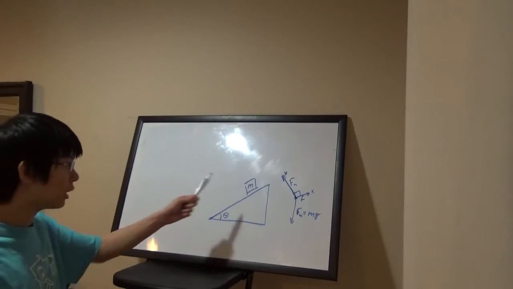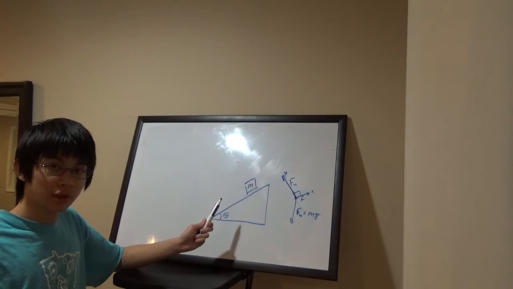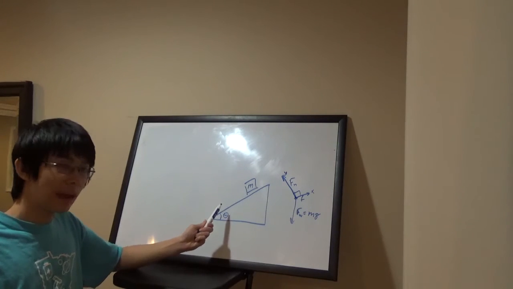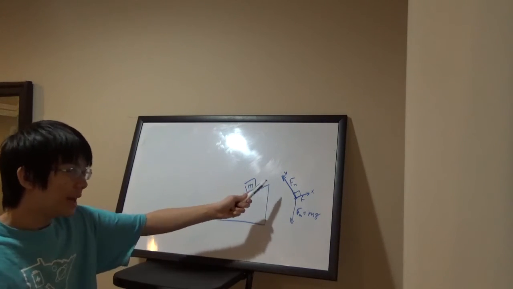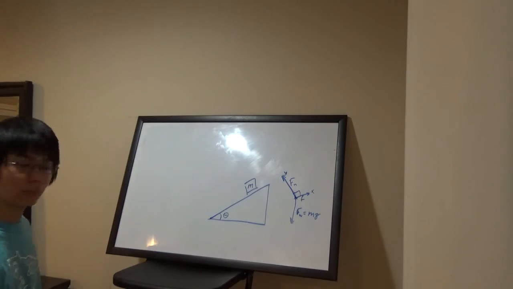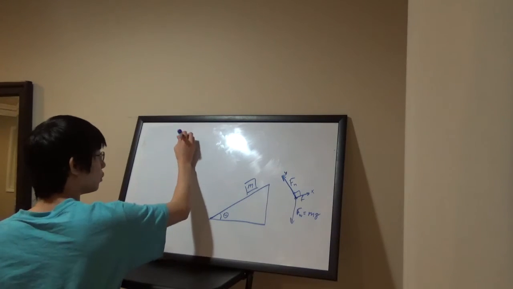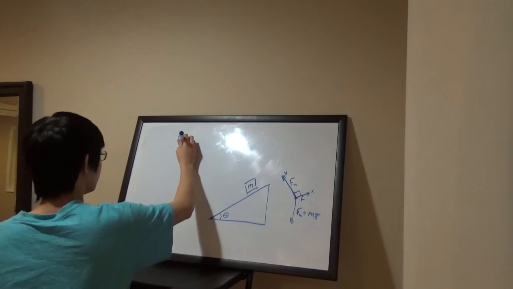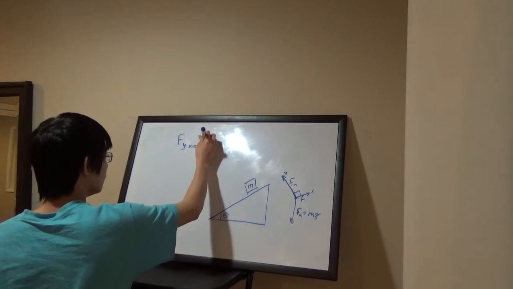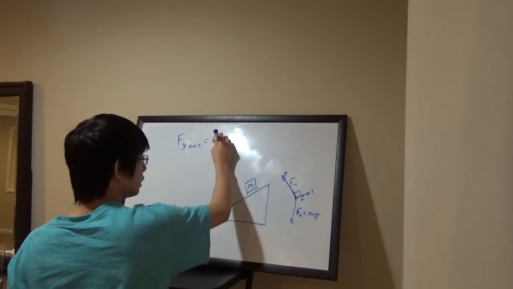So, this object is not moving. That means its net force is 0. So its net force in the y direction and the net force in the x direction have to be zero. All right, so what are its forces in the y direction? F of y net is equal, well, we have the normal force, F of n, and what else do we have?